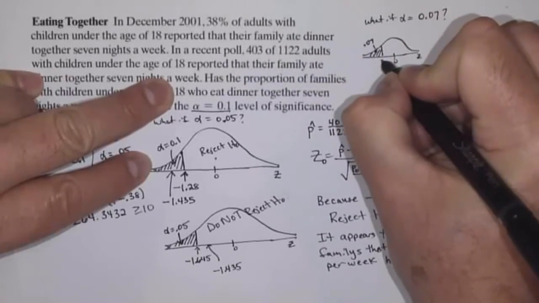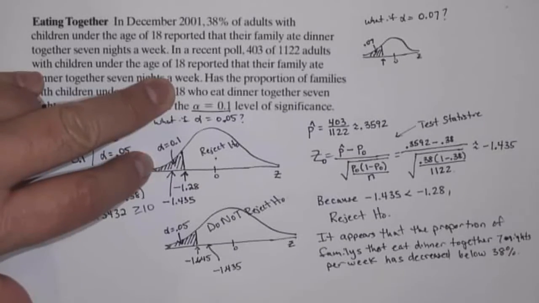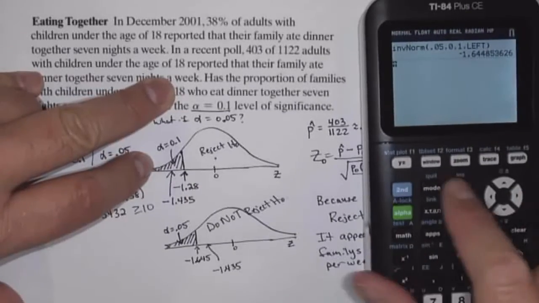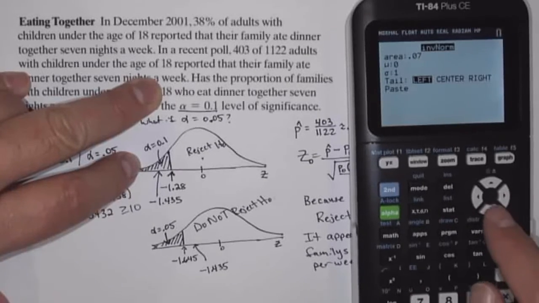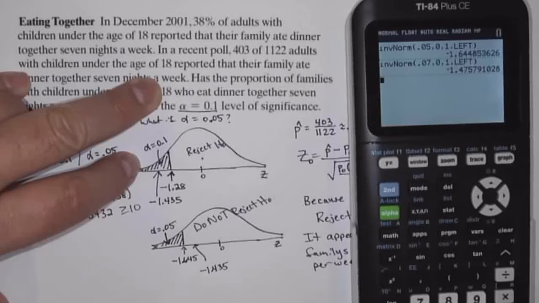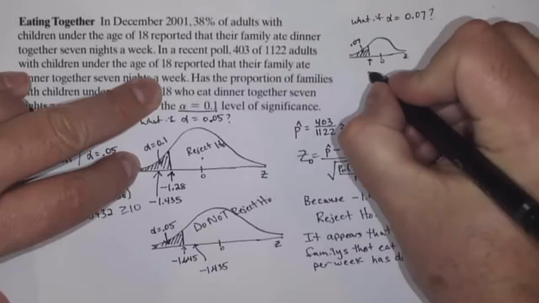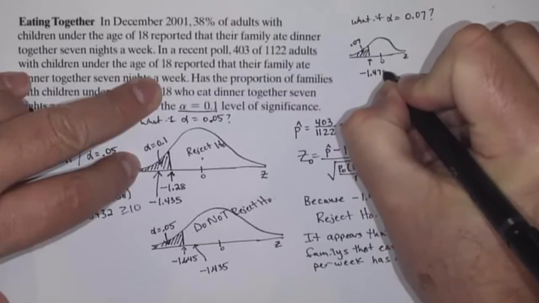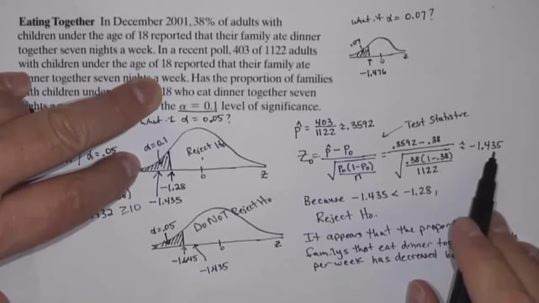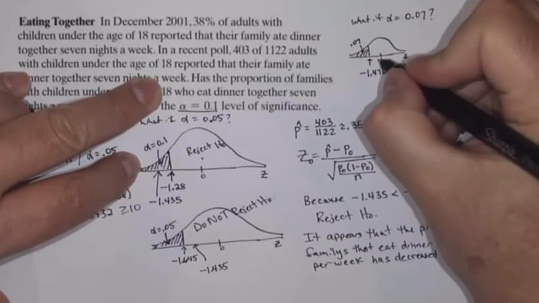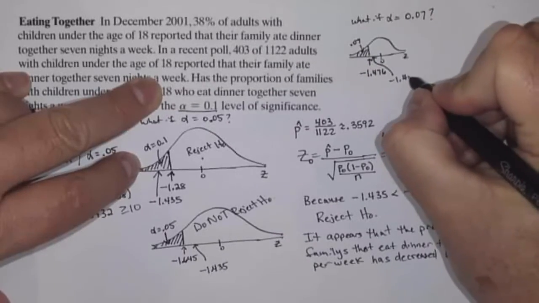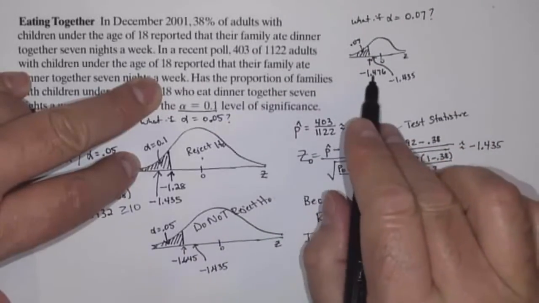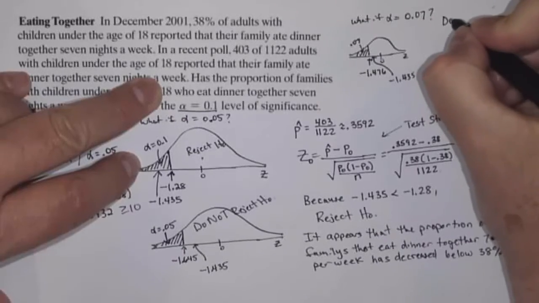So I can figure out what this critical value is by doing inverse norm of 0.07. So if I go back to inverse norm and change this to 0.07, well, I would get negative 1.476. So this would be negative 1.476. So my test statistic would be just a little bit to the right of that. So negative 1.435 would barely be a little bit to the right of that. We would not reject.